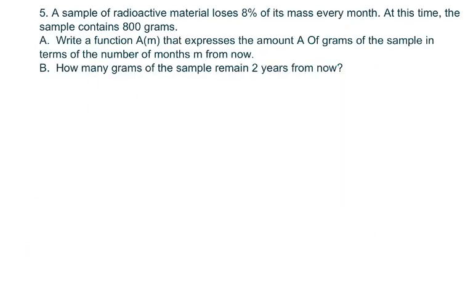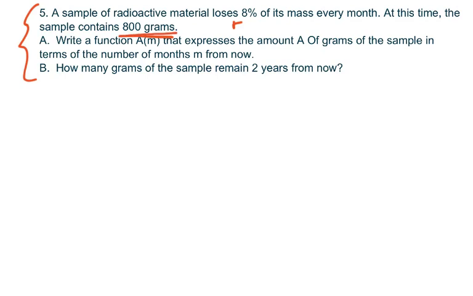All right, and the last problem we have is pretty simple. It's just a problem with words, basically. We have a sample radioactive material that loses 8% of its mass every month. That's your r. And your first term is going to be 800 grams.